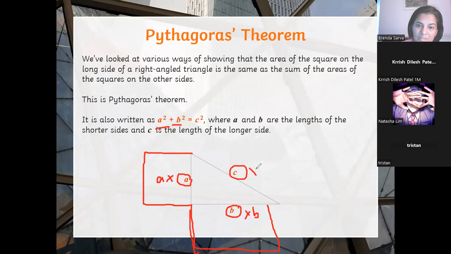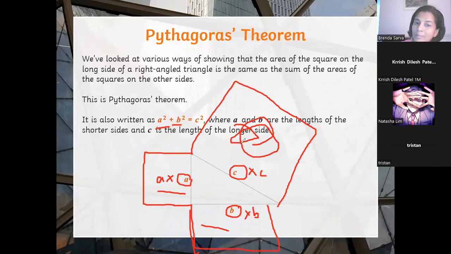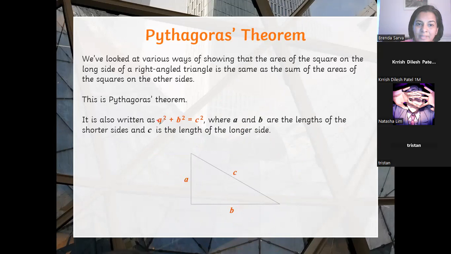And that's equivalent to C times C, C squared. You could actually do a hands-on experiment by cutting these shapes up and putting it here. And that's your Pythagoras theorem. What's your Pythagoras theorem? A squared plus B squared equals C squared.